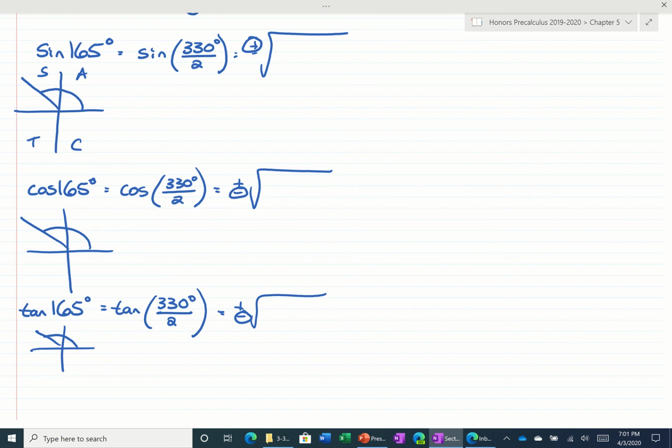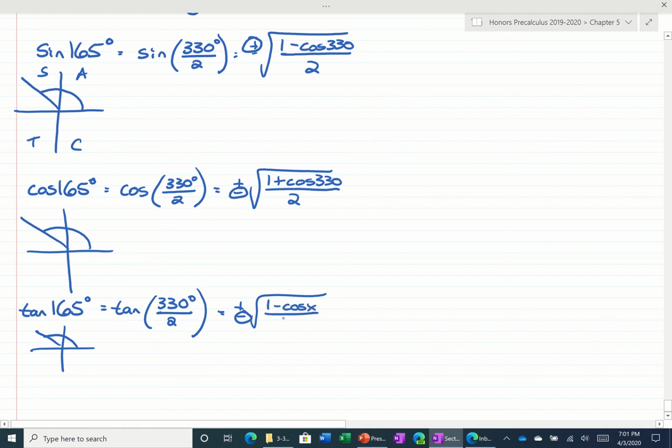Now the formula for sine would be the square root of 1 minus the cosine of 330 over 2. Cosine formula would be the square root of 1 plus the cosine of 330 over 2. And then the tangent formula is 1 minus the cosine over 1 plus the cosine of 330.